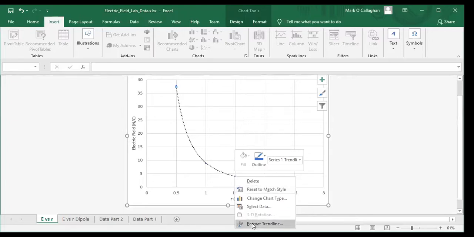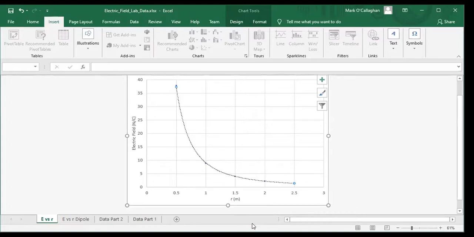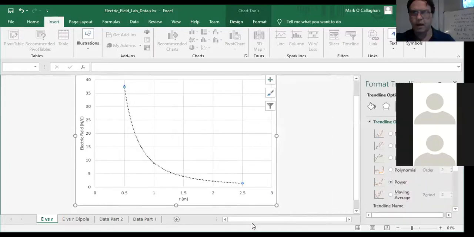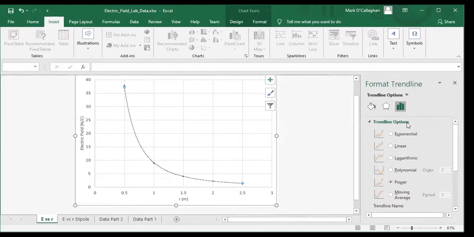Now, last time we tried to format things as linear. This time, we actually want to pick power. Okay, we want a power curve. Power means it's not linear, which means your power is 1: y equals mx plus b. A power of 2 would be mx squared, power 3 mx cubed, and so on and so forth, right?